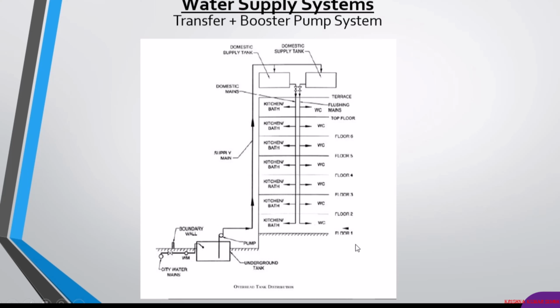In this case, we have 6 floors and a terrace over here. But let's suppose you have a 50-story building, and if you install only a transfer pump system, you can supply water by gravity to the lower floors.